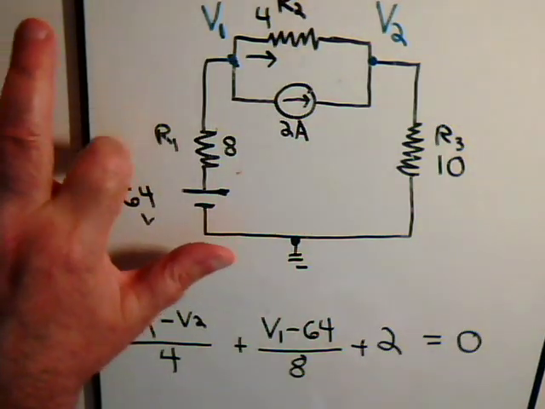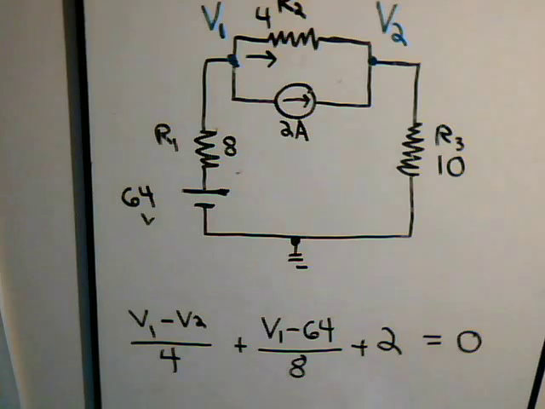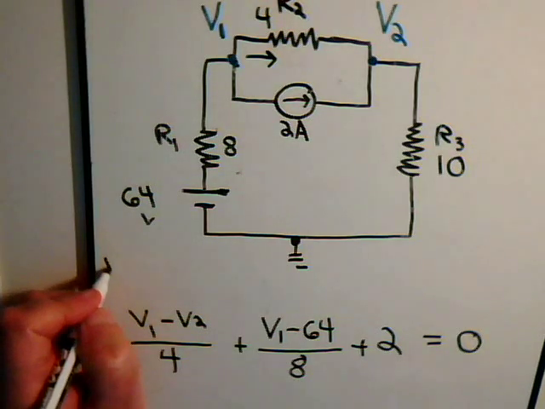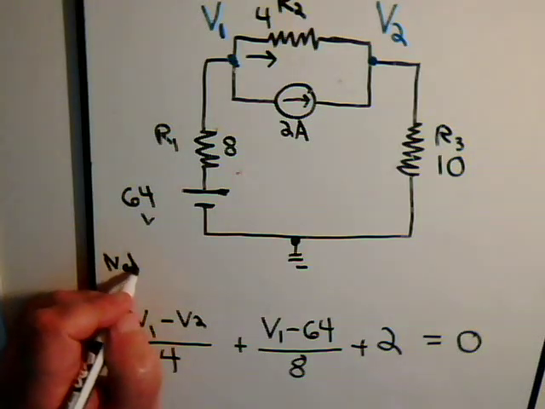Now, as a matter of reality, the current might be in the opposite direction. And if that's true, once we go through and determine what V1 and V2 are, we can make whatever adjustments we need to later on. But okay, this is the equation that we get from node 1.